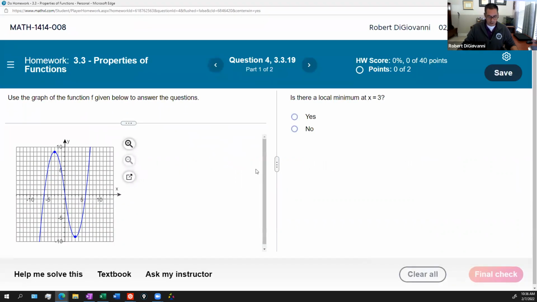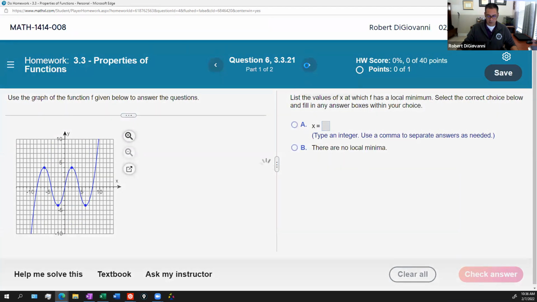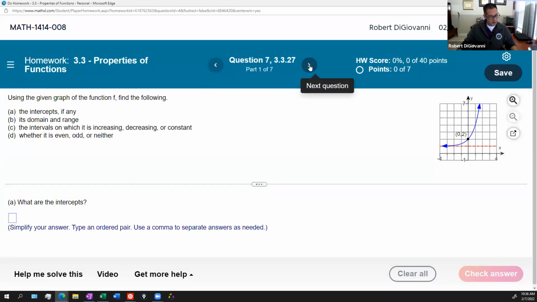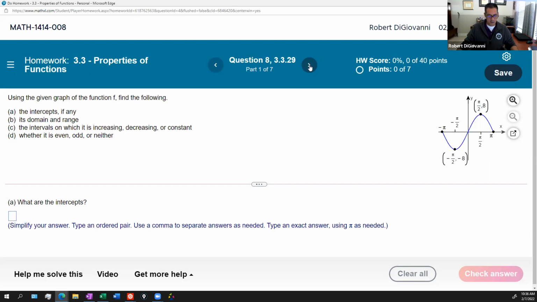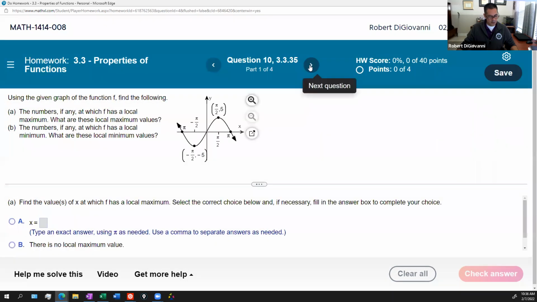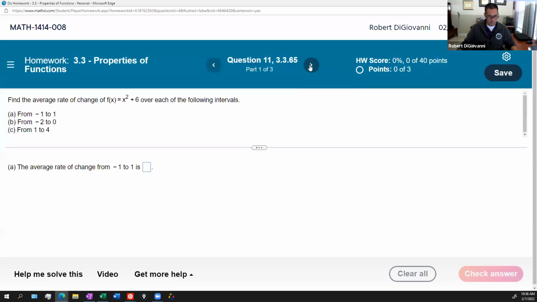So let me see. Local max, local min, local max, local min, absolute max, intercepts, decreasing, odd, even, yes, yes, yes, local max min, I think we're good there.